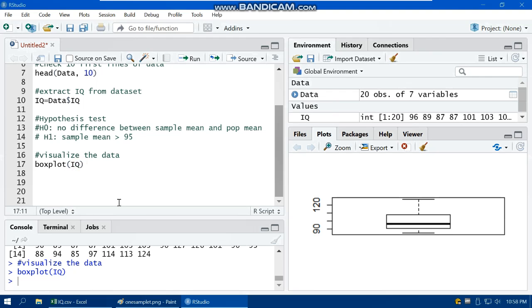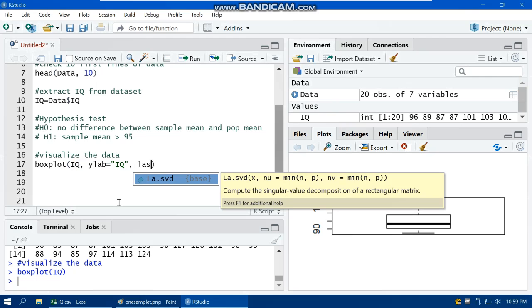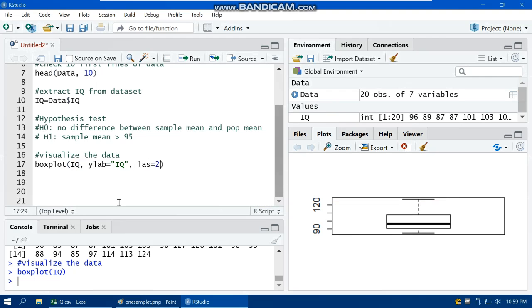For example, I can add a ylab, a label to the y-axis, IQ. Also, instead of vertical numbers, I can have horizontal numbers using the las command, and if I set this to 2, the numbers here will be horizontal.